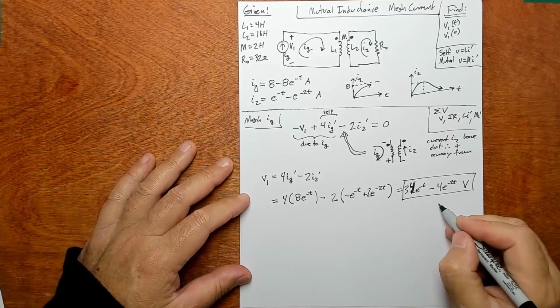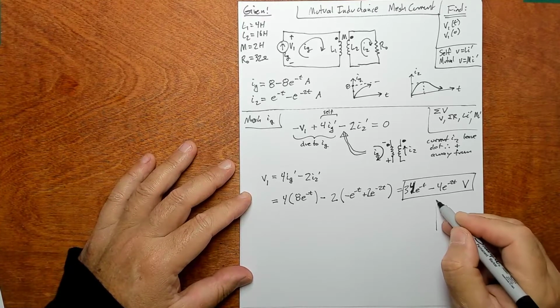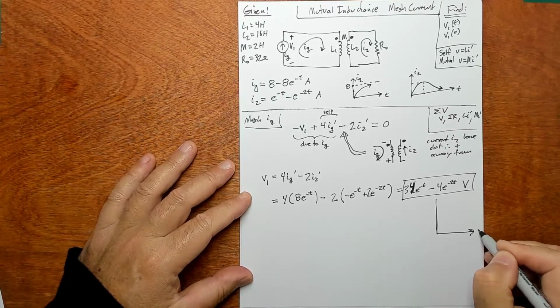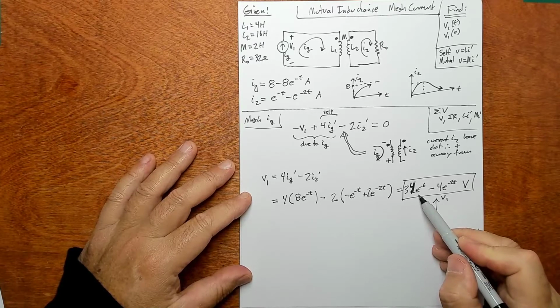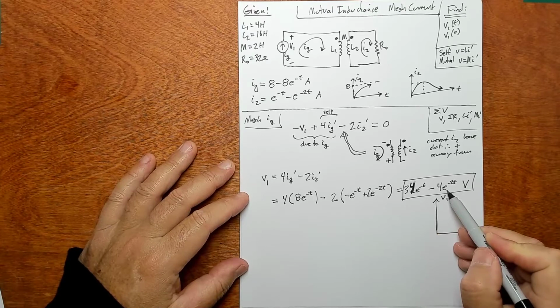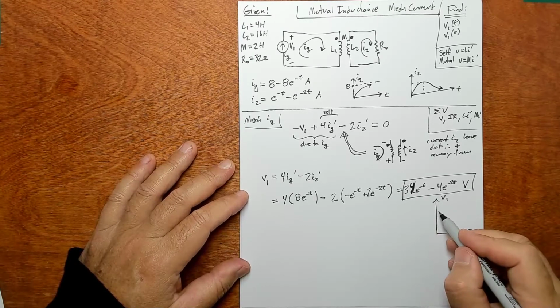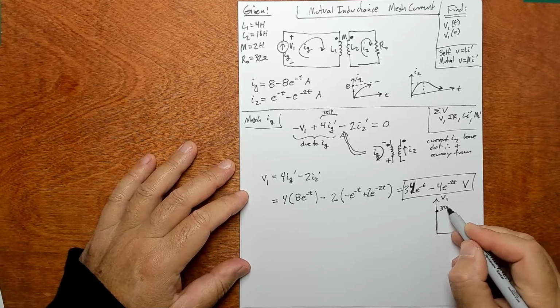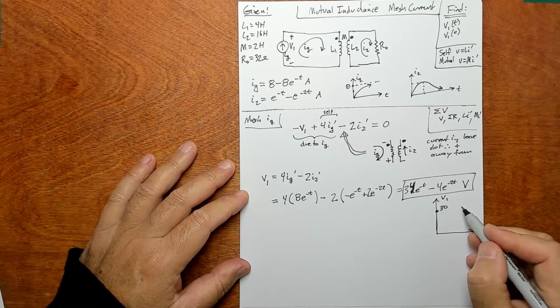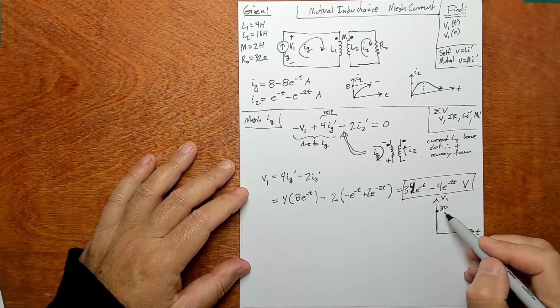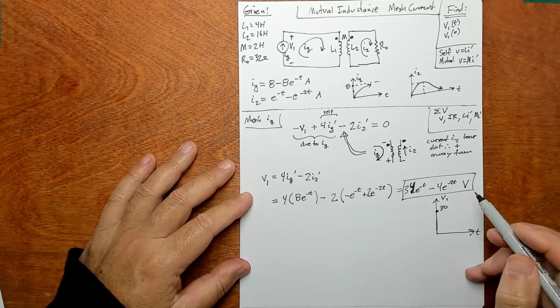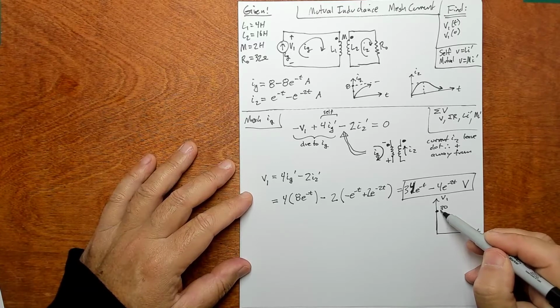All right, then it's good to plot these things. I'd like you to plot this stuff whenever you have a function of time, and here's a function of time. So this is v1, so let's see, at 0, this guy is going to be 1, and 1, so it's 34 minus 4 is 30, so it's 30 volts, and then you can't really tell exactly what it's going to do, but I'm going to bet that it's going to go down like this.